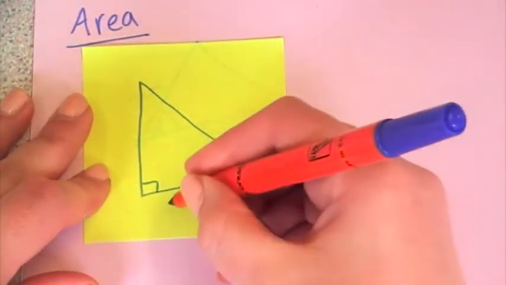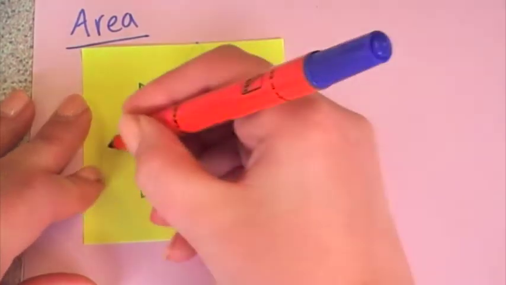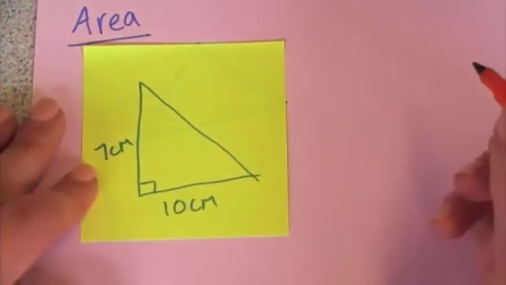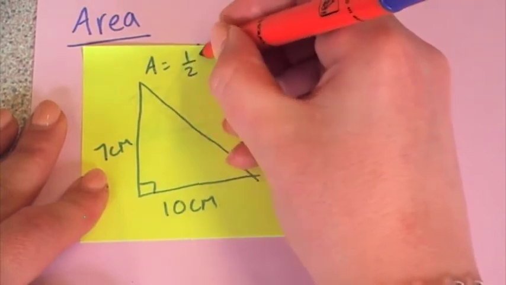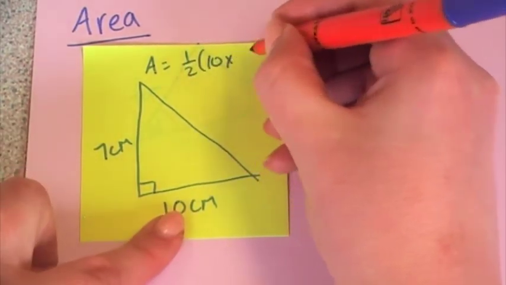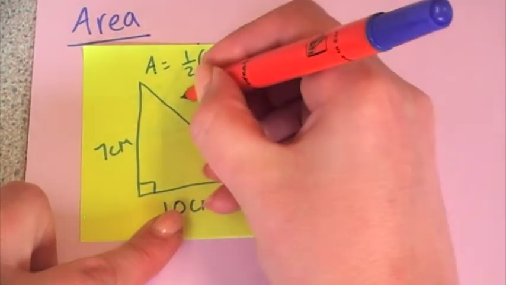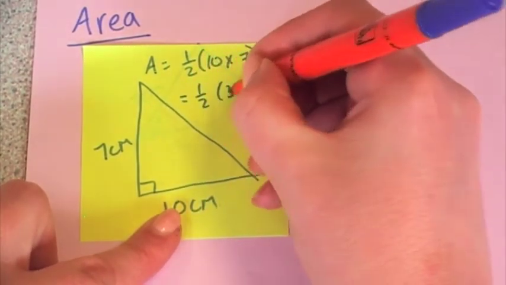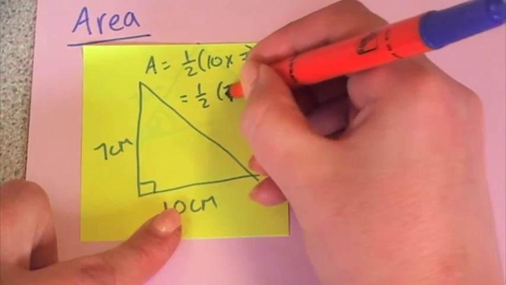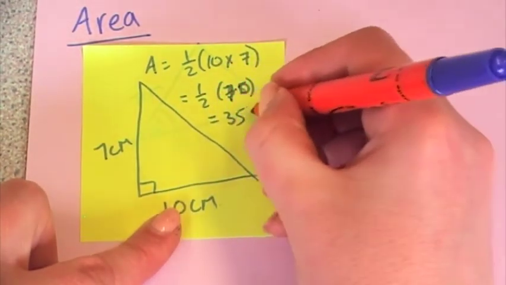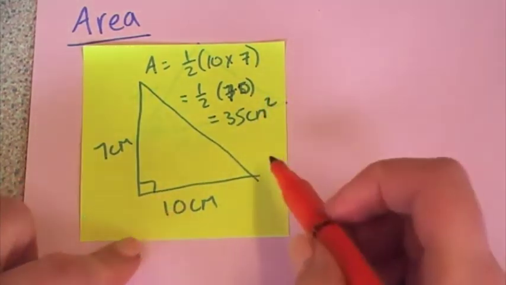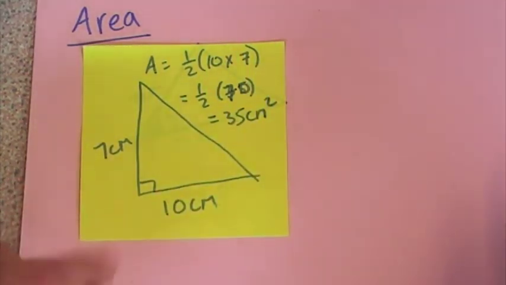There's a right angle triangle, that's 10 centimeters, that's 7 centimeters. The area of this is going to be half times 10 times 7. So the area is half of 70, which is 35 centimeters squared. Nice little foundation question there.